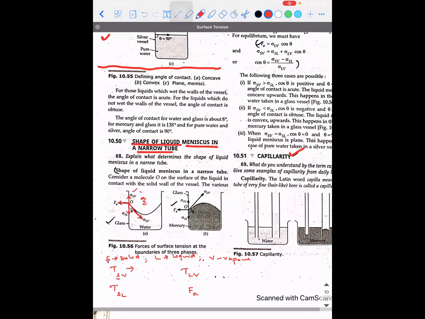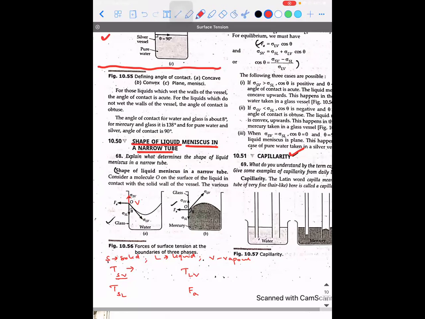If I say TSV, it is the force existing at the solid and vapor interface. Observe, this is the solid, this is vapor, and this is the interface. Due to the solid and vapor interface, the particle O will experience a force in the upward direction.